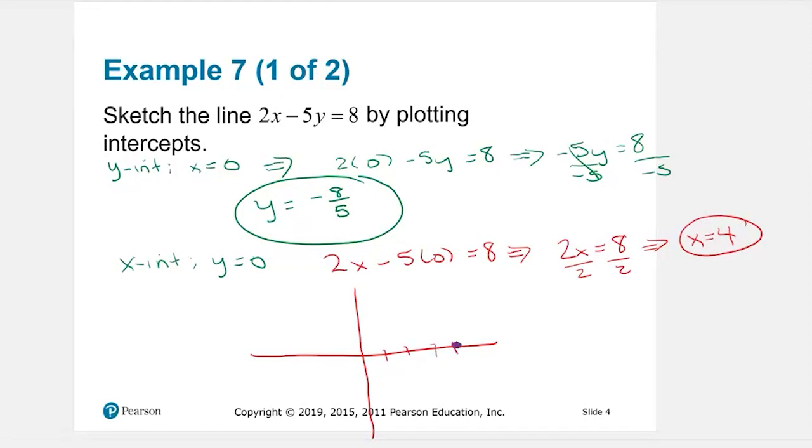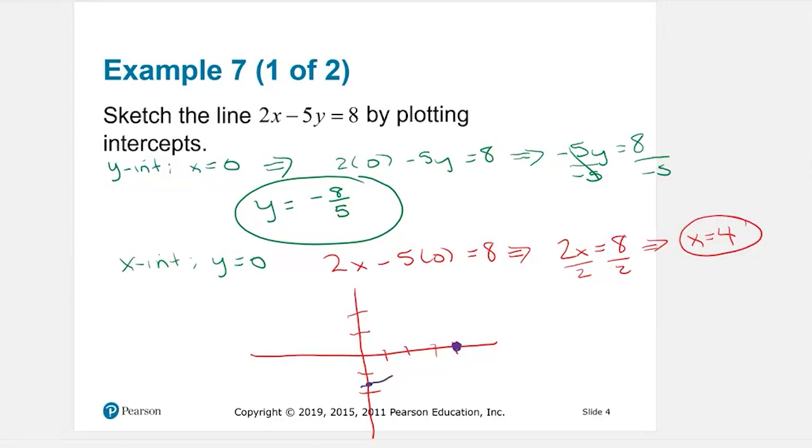So my x-intercept is x equals 4. X equals 4 is right here as an intercept. And my y-intercept is -8/5. So 10/5, and that's negative, so I'm actually going down. So 10/5 is -2, so it's between 1 and 2. So let's see, I'll say it's about right here.